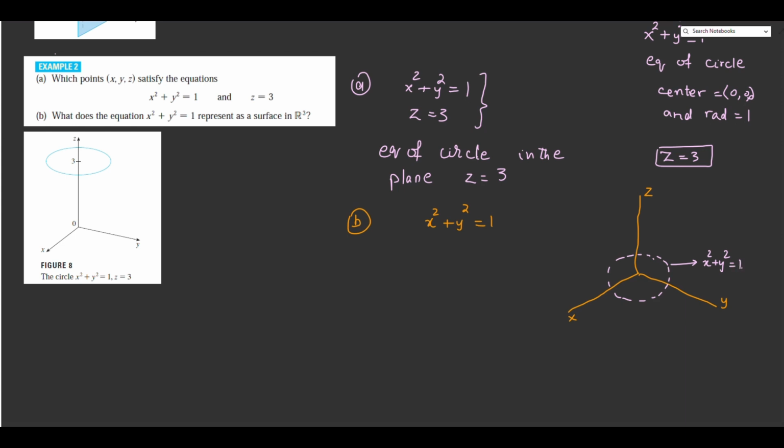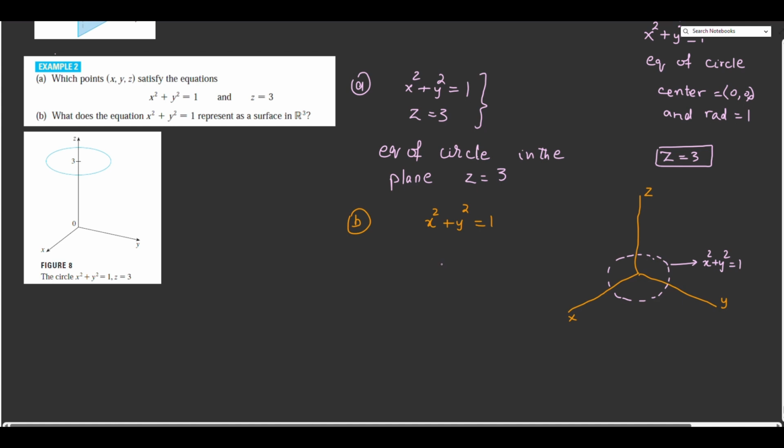But one more thing you have to consider here: there is no condition on the variable z. It means that z can take any value.